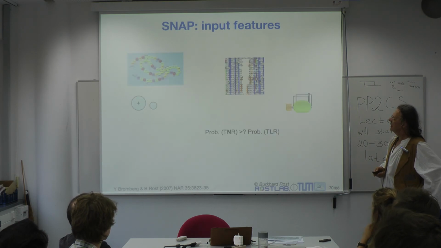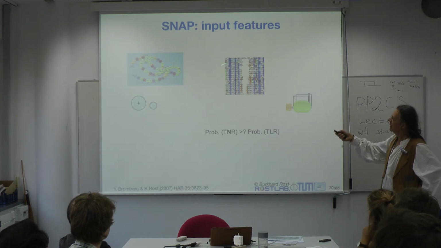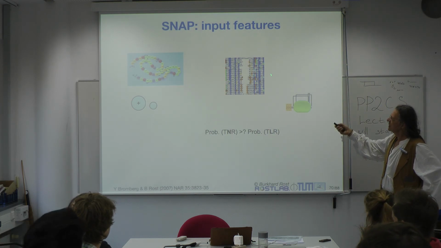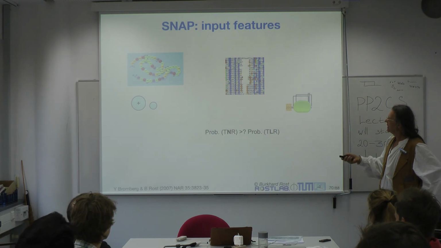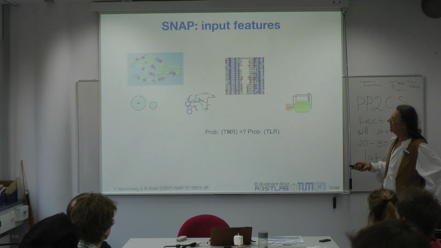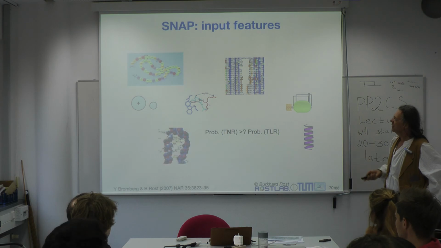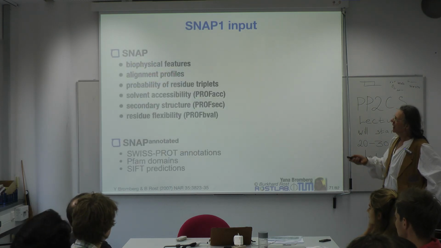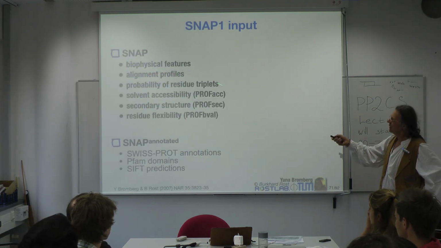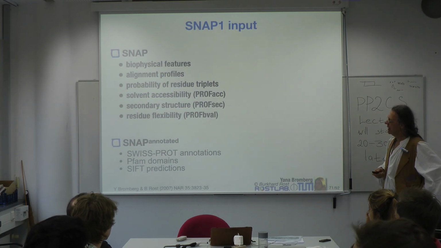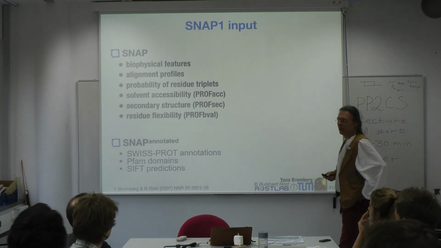So there's a bunch of things that Jana uses. She uses alignment information. She uses some biophysical background. She uses probabilities. She uses secondary structure. She uses solvent accessibility. And this is ultimately shown here. Residue flexibility is another one. And then there are annotation features.